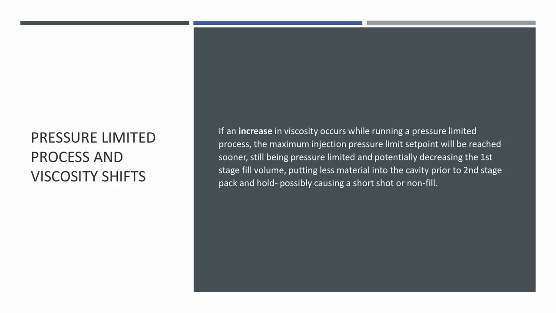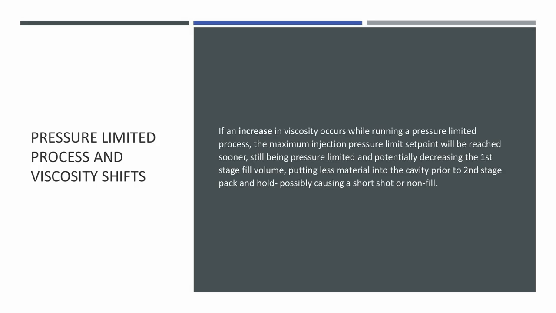While running a pressure limited process, if an increase in viscosity occurs, the maximum injection pressure limit set point will be reached sooner. Though this is still pressure limited, there is now a potential chance of decreasing that first stage fill volume, and you'll be putting less material into the cavity prior to the second stage pack and hold, possibly causing short shots, non-fills.